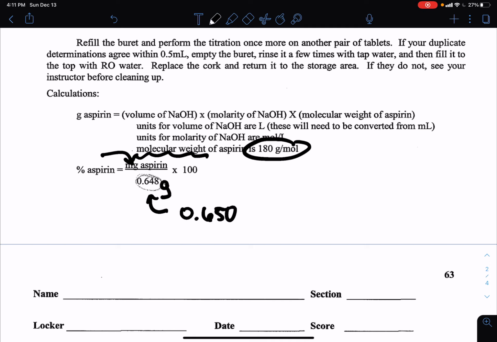And I have no idea why it's like that. And everybody who wrote this lab manual is long retired, so I can't ask them what on earth the difference is there, but we're going to go with 0.650 because the bottle says each tablet should have 325 milligrams, which is 0.325 grams of acetylsalicylic acid in the pill, okay?